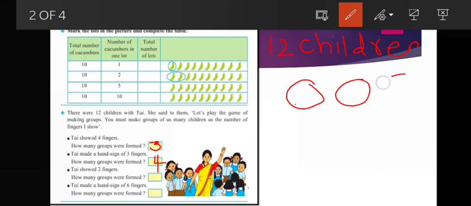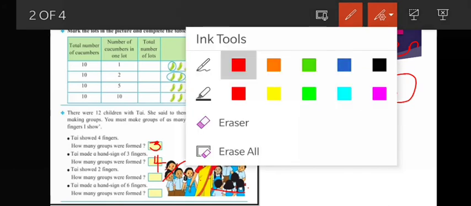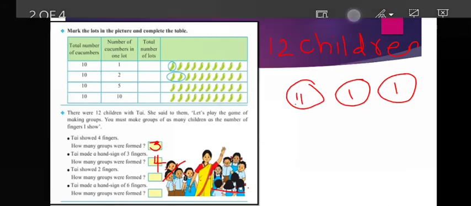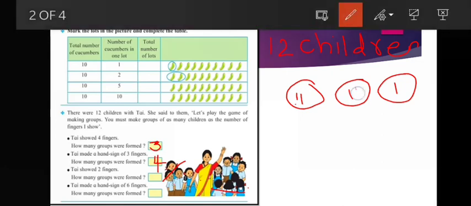Because see, this 3, 1, 2, 3. Now if I take this 3, then 1, 2, 3. And remaining how many are there? Here 1, 2, 3. So each group will have how many children? 4 children. So the answer is 4.